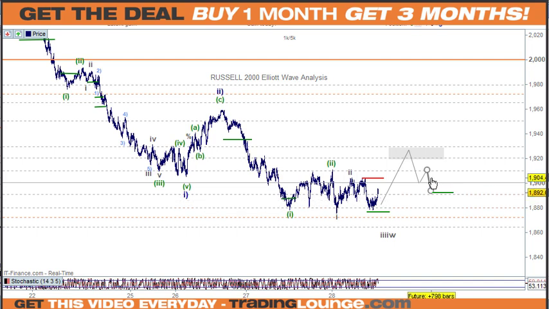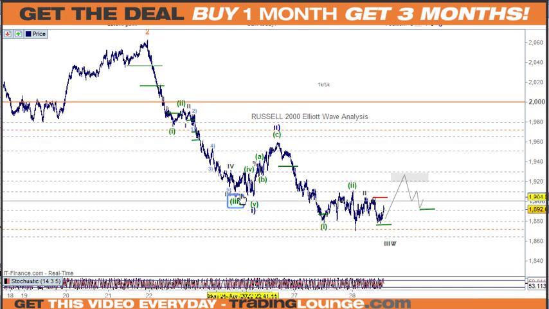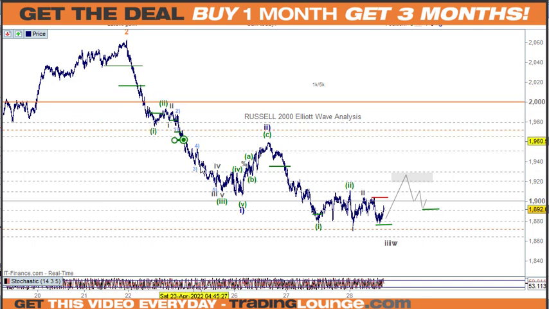So really, it is what it is. In this case here too, we can look at this as wave 1 and 2 here, and then 3 and 4. I know wave 4 is high, wave 5 is a bit short too. It's a bit short compared to wave 1 and this one here.